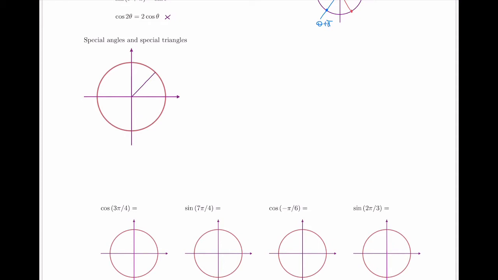So if I construct a little triangle here that corresponds to that angle, this will be 45, or pi by 4. This will also be pi by 4. And this is 1 because this is the length of the radius of the circle. Because both of these angles are the same, this triangle is isosceles, which means that this side is equal to this side.